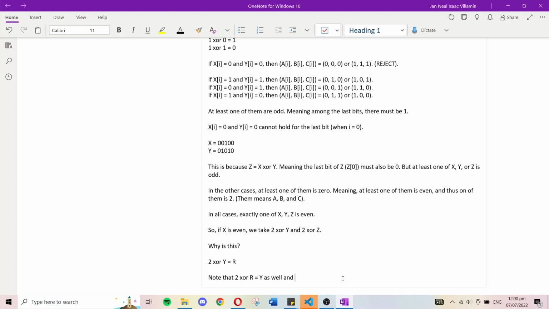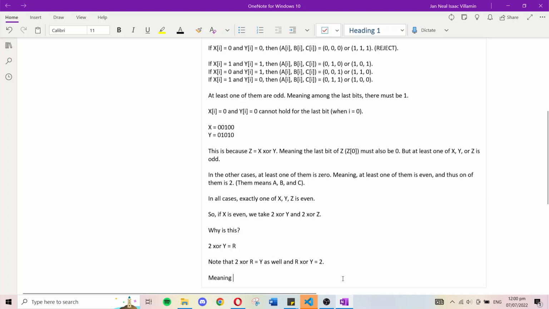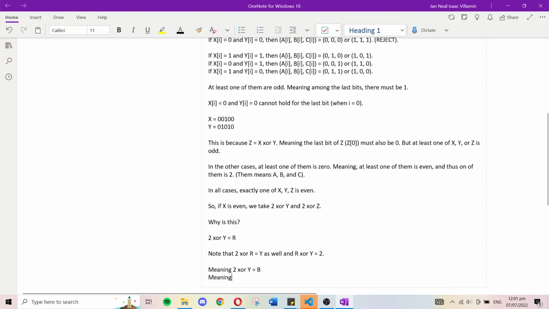And r XOR y equals 2. Meaning 2 XOR y is equal to B or C, something like that, and 2 XOR z is equal to C, right?